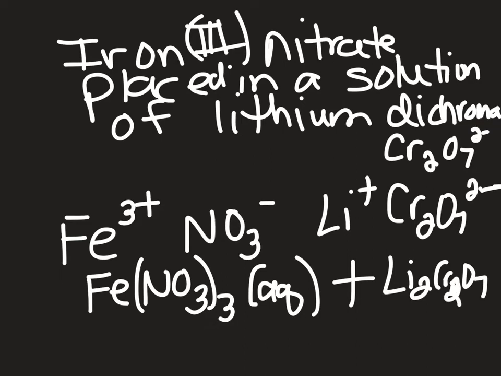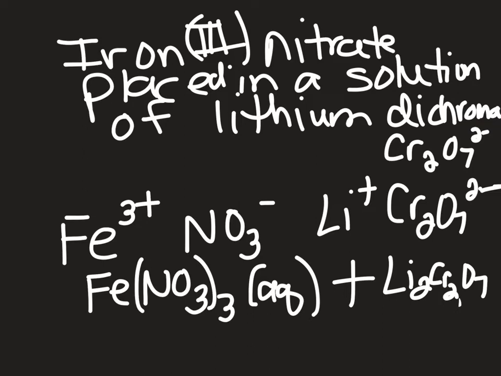Li2Cr2O7. That 2 is kind of hard to tell. I'm going to try to rewrite him again. Okay, so same thing. We could go through all the ways that we got that. It is the least common multiple. It's drop and switch. It's drawing the picture.